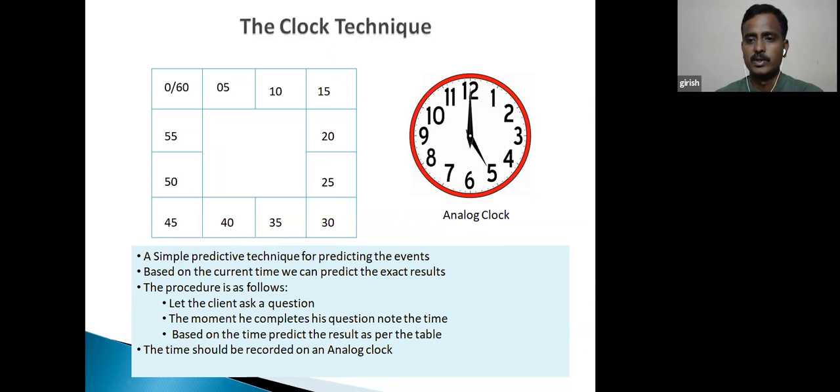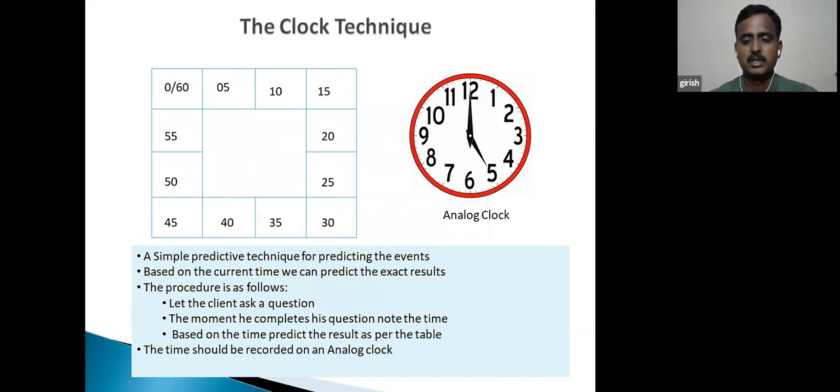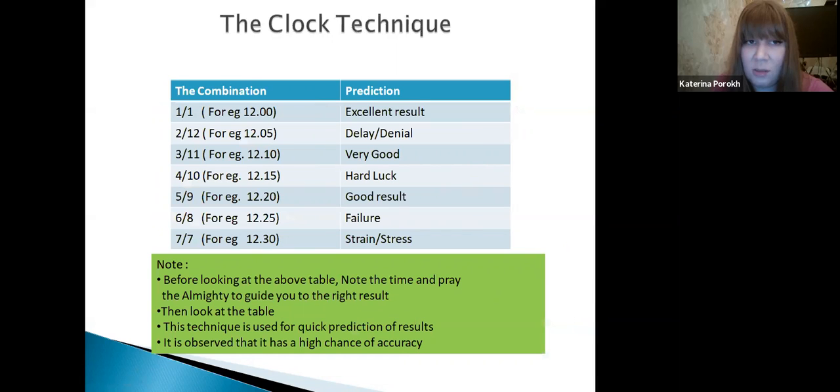So similarly, what you need to do is look at the combination when both the hands are on the same number, and count from there as you count houses. Based on that, you can calculate this result. If you memorize this table, it will be very easy for you.